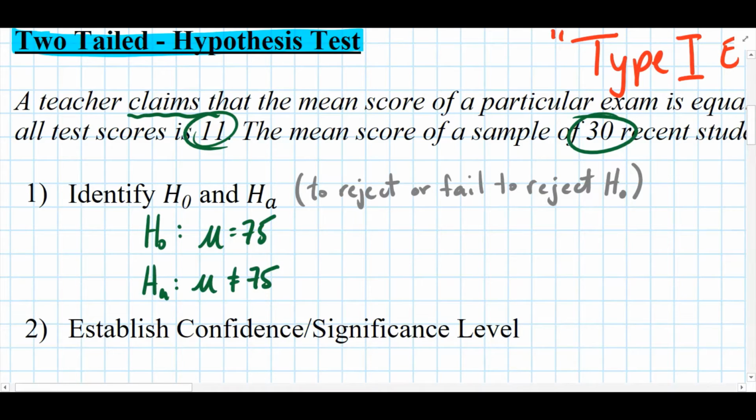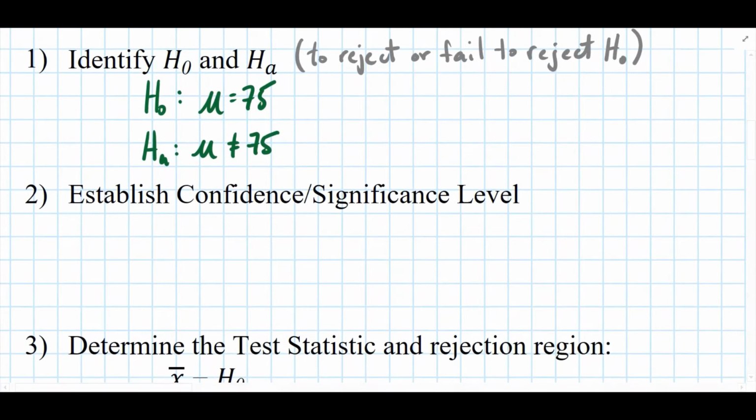Neither confidence nor significance level is provided, so I will use one of the most common confidence levels, 95%, which correlates to a significance level of 5%.